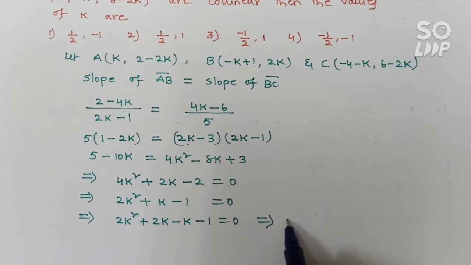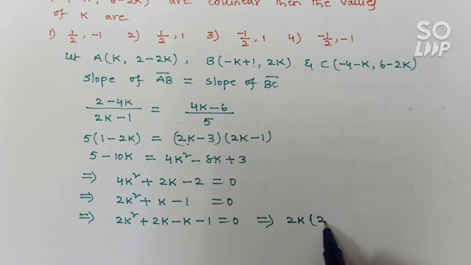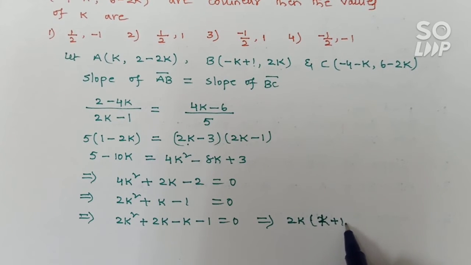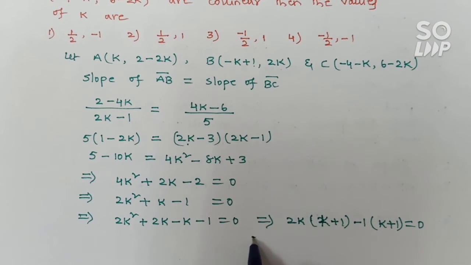That implies you can write 2k as the common factor in the first two terms: 2k into (k plus 1) and minus 1 into (k plus 1) is equal to 0. Here this becomes (2k minus 1) into (k plus 1) is equal to 0.